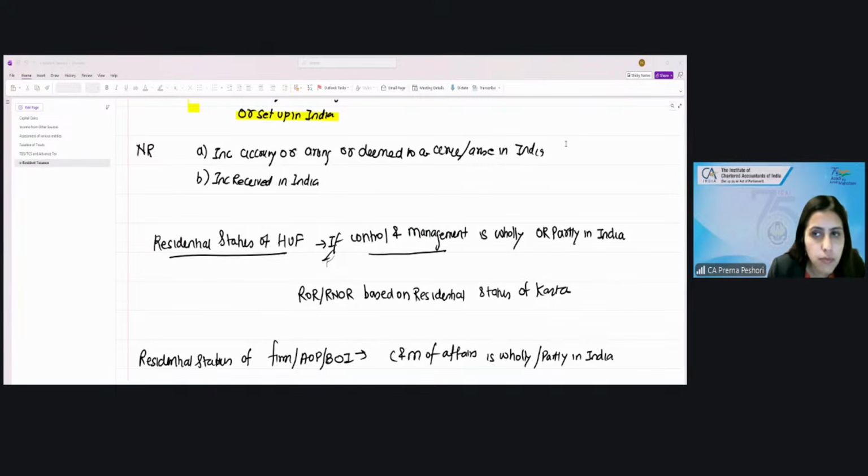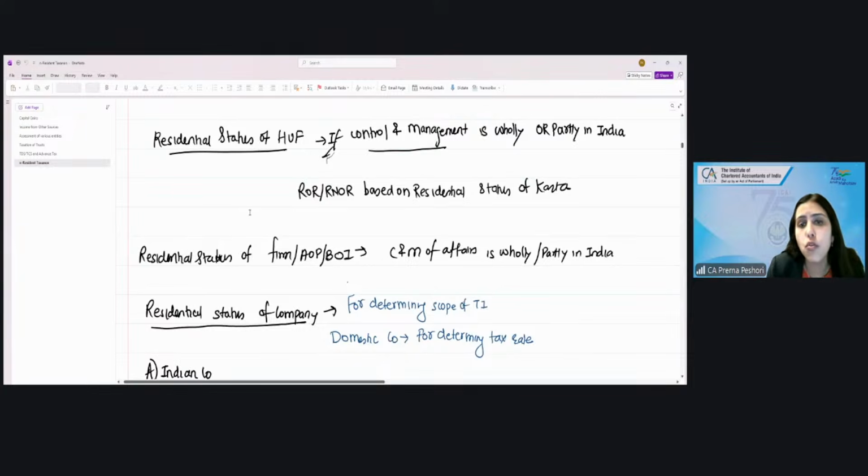Are we clear? Okay. Now, next is the partnership firm, AOP, BOI. Again, what is the residential status? If their control and management of the affairs is wholly or partly in India. Partnership firms, AOP, BOI cannot have ROR or RNOR status. Okay.